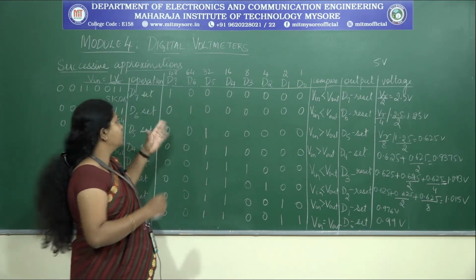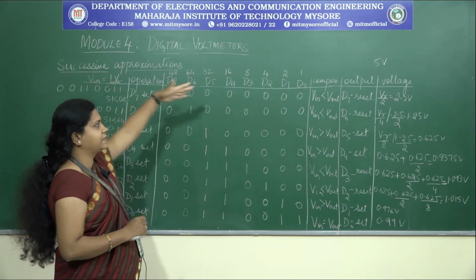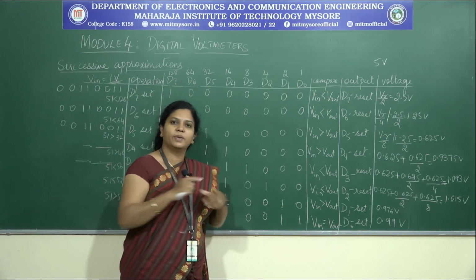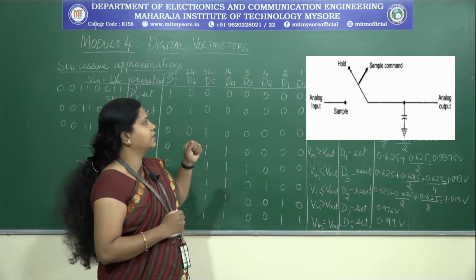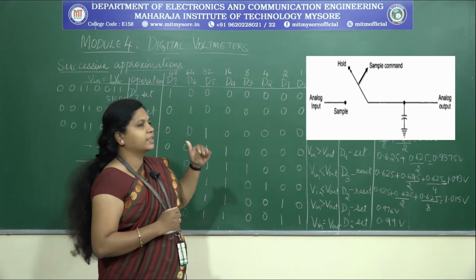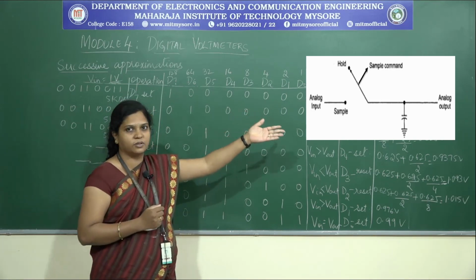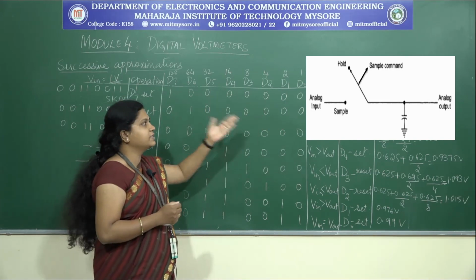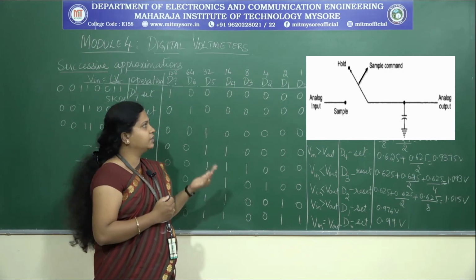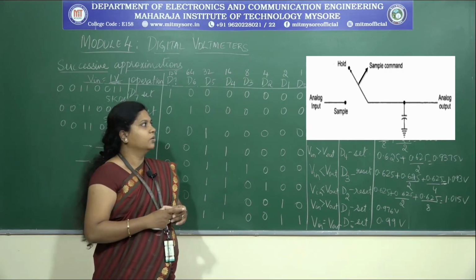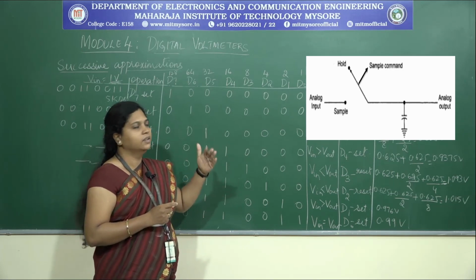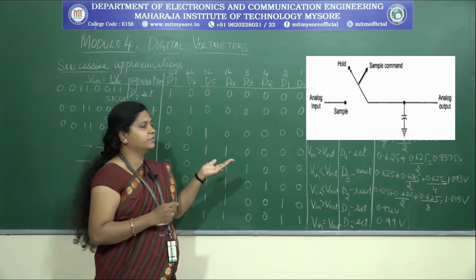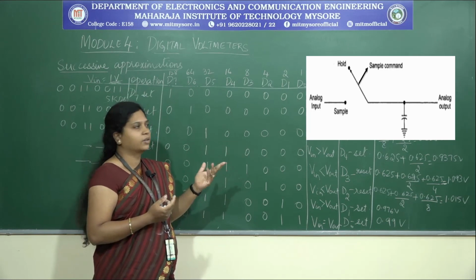Here also, when we are doing this process, you can see we have some delay. Okay, in the initial step, you might have seen in the block diagram, we are going to make use of a sample and hold circuit. Here sample is nothing but we are allowing the capacitor, we have a capacitor circuit as you can see here, the capacitor is charged during the sample period. Okay, and once after the sampling is done, when the switch is shifted to the hold state, what happens?